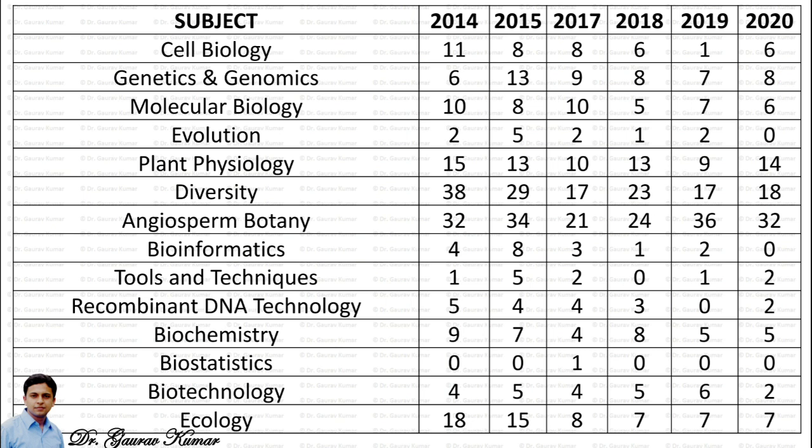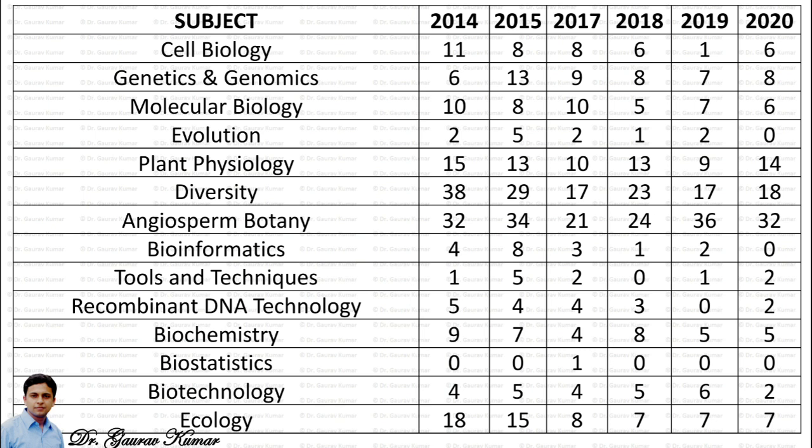In diversity, the question number decreased, but then the other sections contributed. In angiosperm botany, we have 32 questions in 2020, then 32, 34, 21, 24, 36, 32. So angiosperm botany is always the major part.